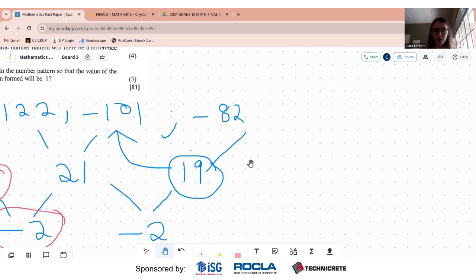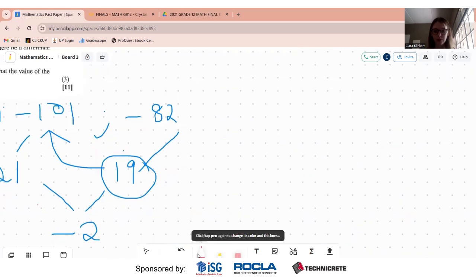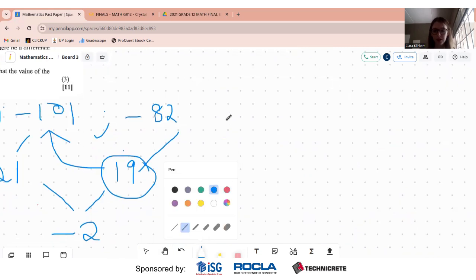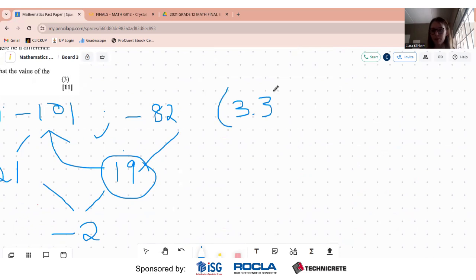Okay, so I'm going to do the question over here. So it's 3.3. If we look at our formula sheet, the general term of an arithmetic sequence is given by Tn is equal to a plus n minus 1 times d.